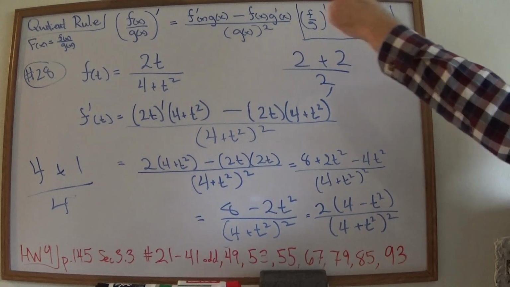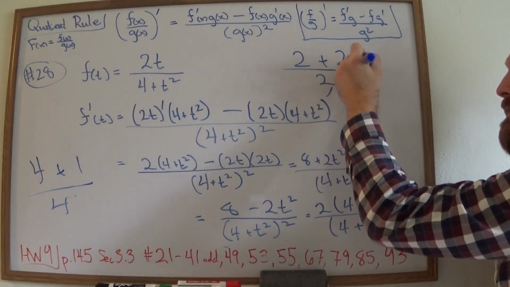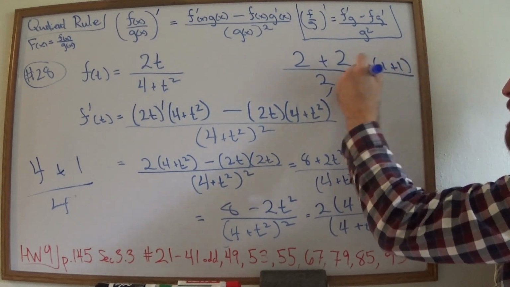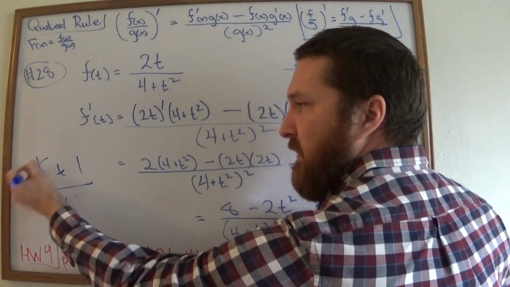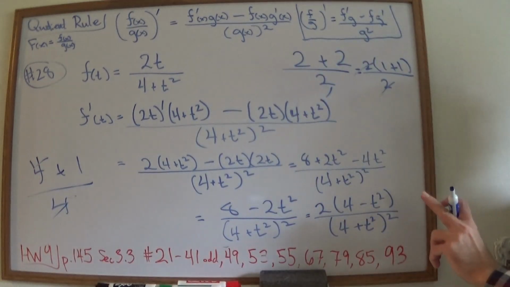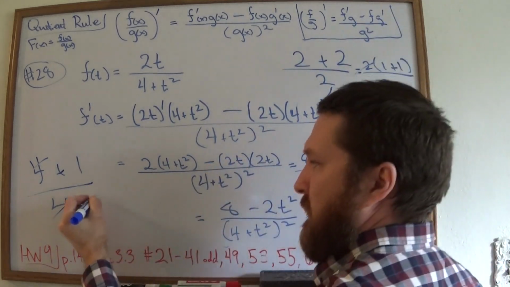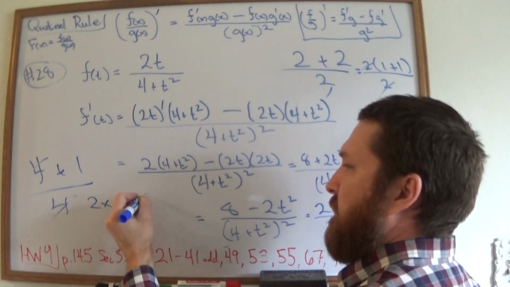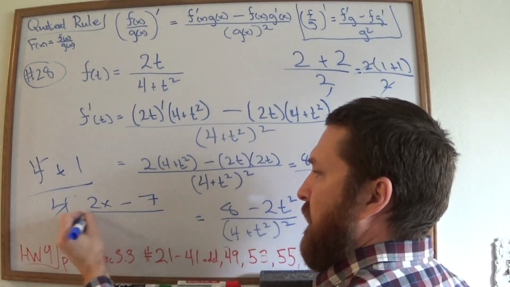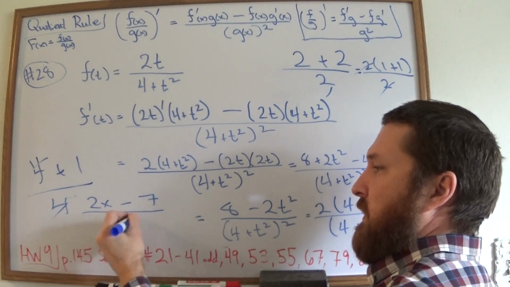Now you can pull a 2 out, right? Because there's a 2 in each one. And so 2 times 1 plus 1, over 2. Now it cancels. But you can't just cancel something here, right? So, just because this is the case, 2 times x minus some other stuff, maybe 7, over x squared.